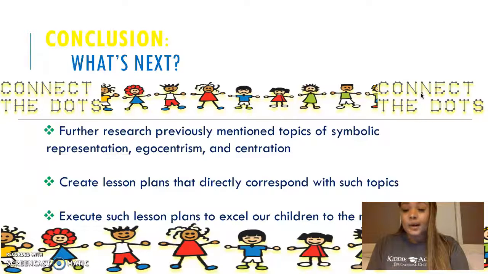Okay, so the conclusion, what's next? So after presenting this PowerPoint to my co-teachers, they should be able to connect the dots and further research previously mentioned topics of symbolic representation, egocentrism, and centration. In addition, they're going to be asked to create lesson plans that directly correspond with such topics. And they'll also be asked to execute such lesson plans to excel our children to the next level.